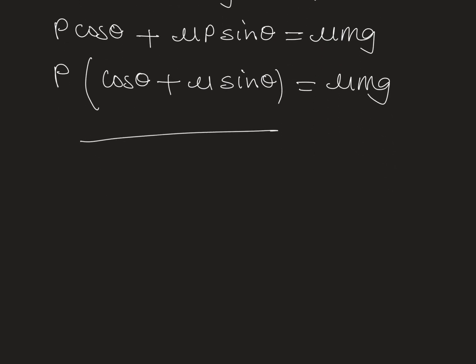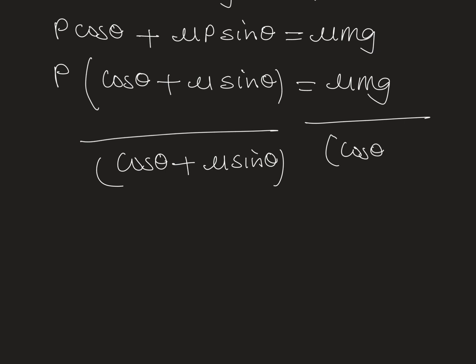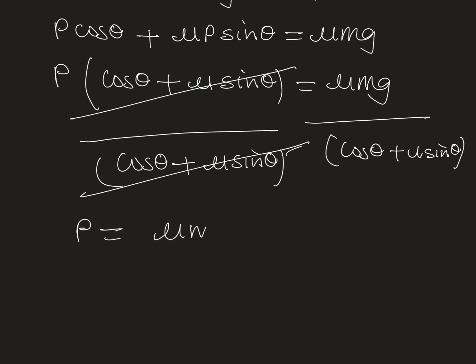Then I can divide both sides by cos theta plus mu sine theta. So P is equal to mu mg all over cos theta plus mu sine theta.